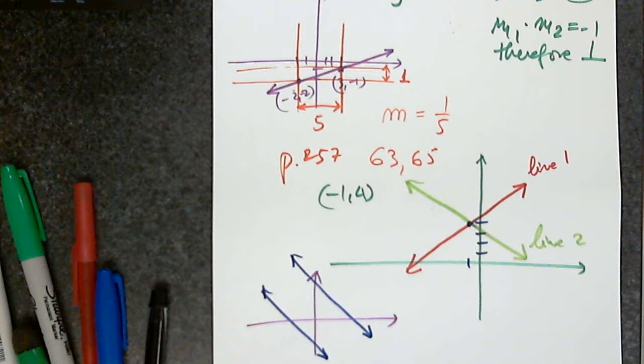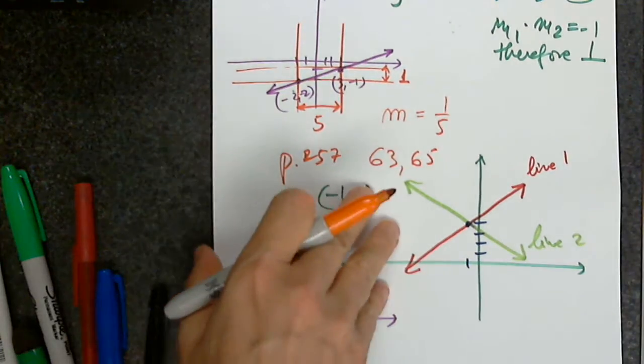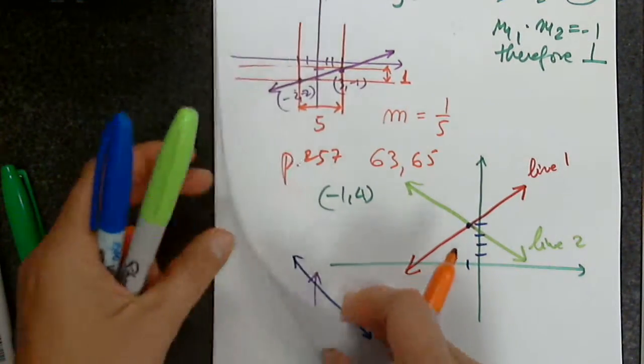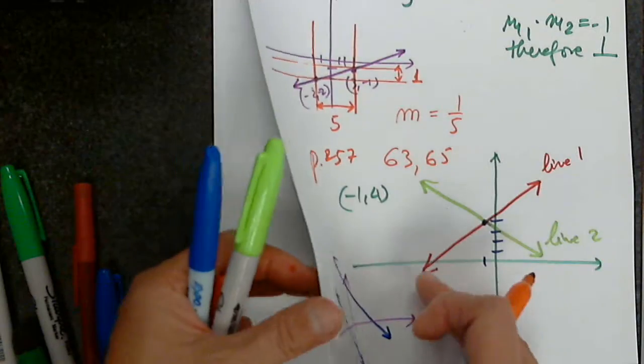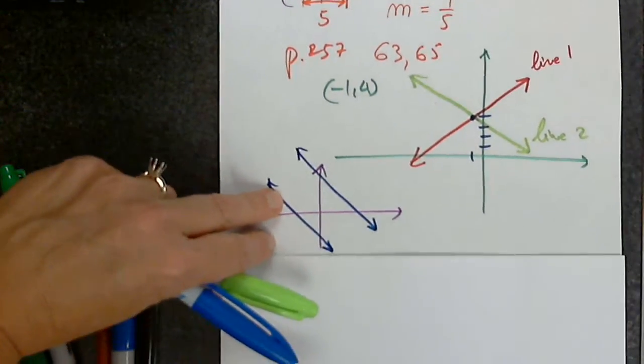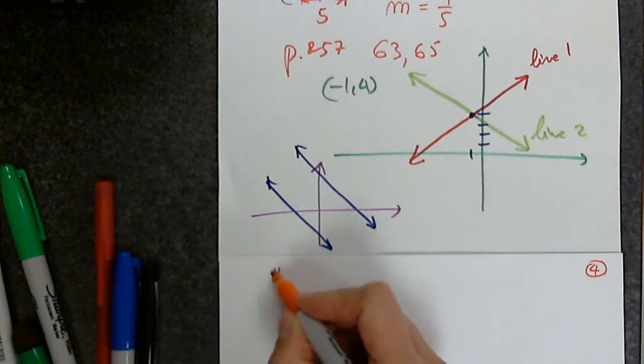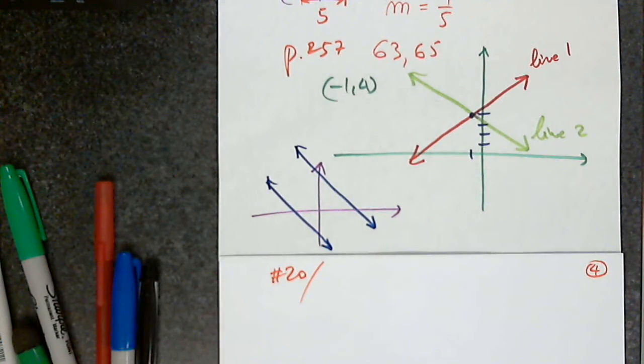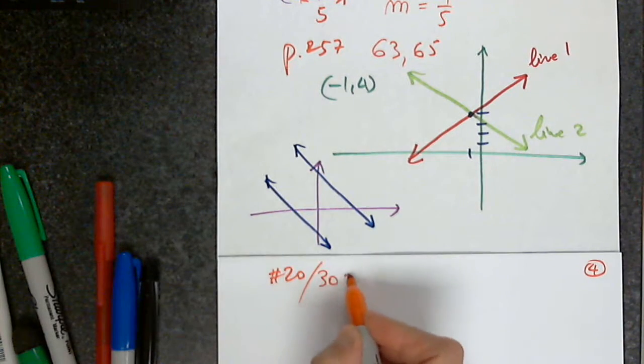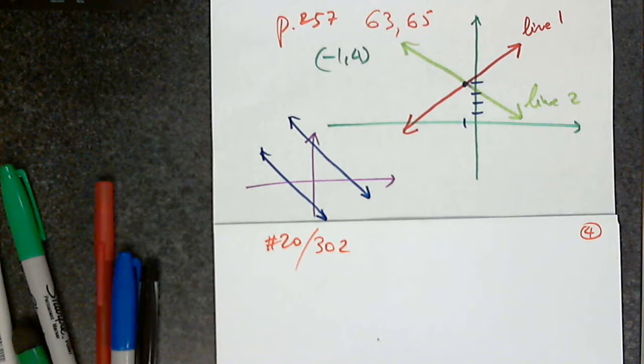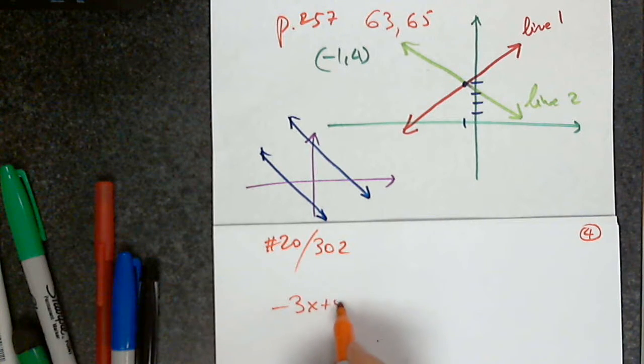Okay. Let's look at a couple of systems. Let's say problem 20, on page 302. So -3x plus y equals 6, and y equals 3x plus 2.